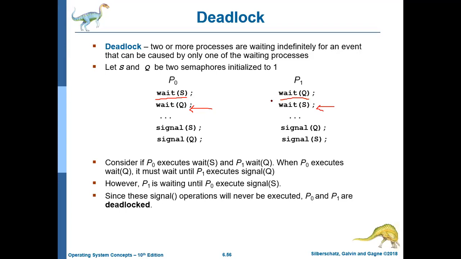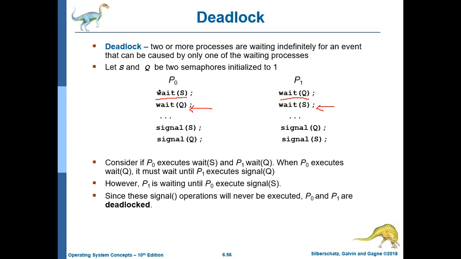It will be waiting until the value of S is greater than 0, and the other until the value of Q is greater than 0. But no one will be moving. Why? Because only a signal operation can increment the value, and neither P0 nor P1 is going to the signal. So they will be stuck here.